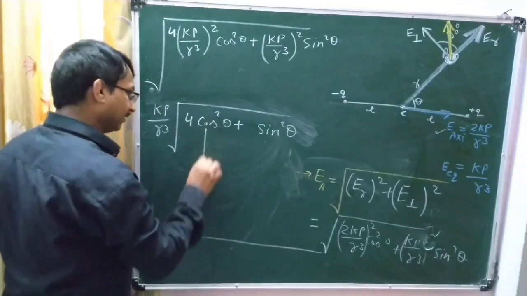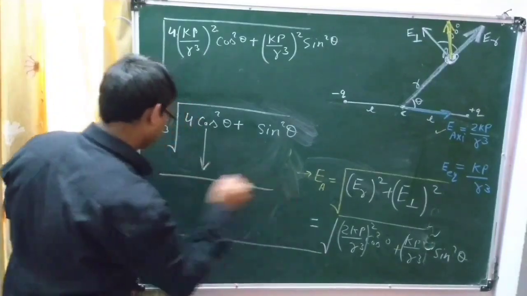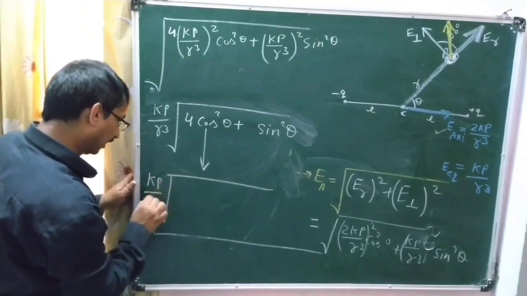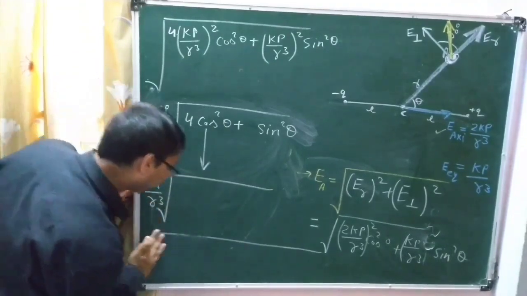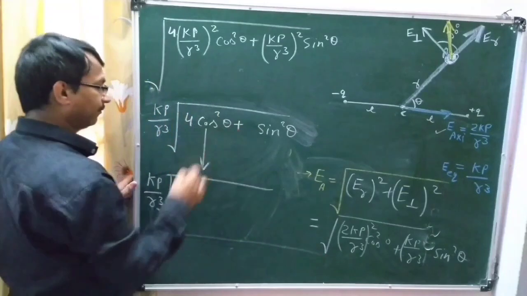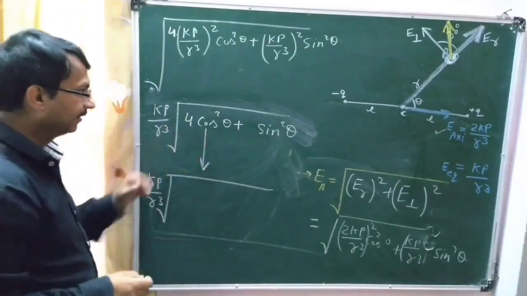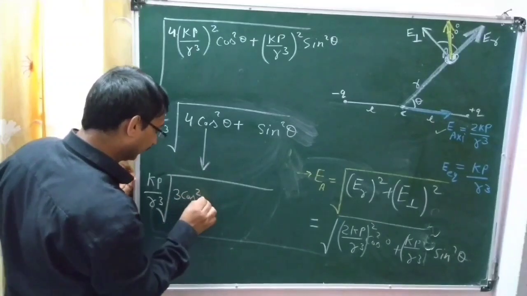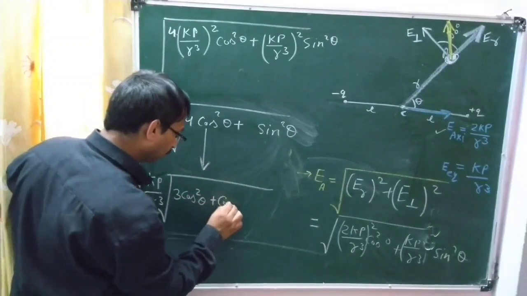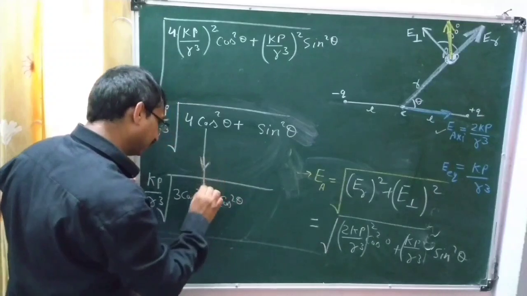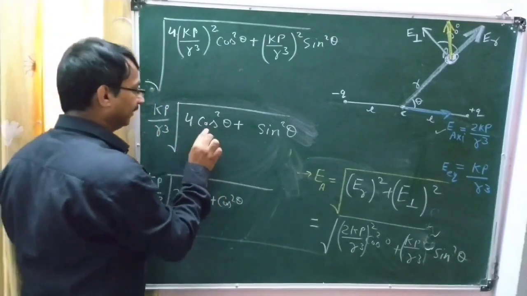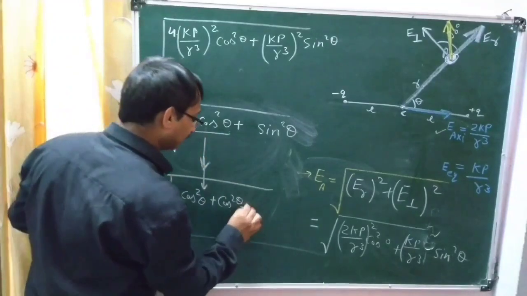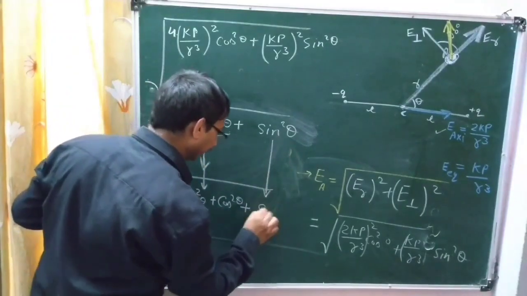Now 4 can be written as 1 plus 3, so it is 3 cos square theta plus cos square theta, which is 4 cos square theta, plus sin square theta.